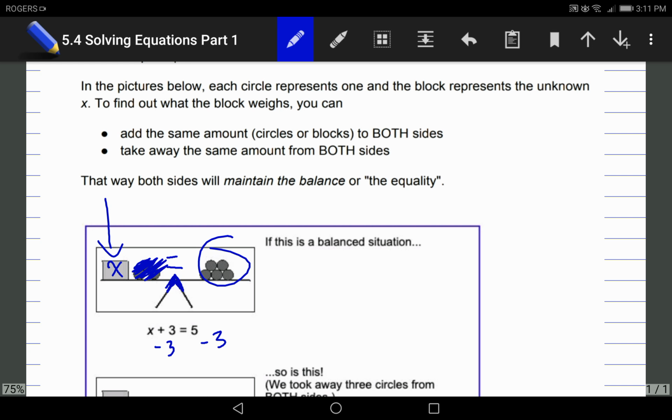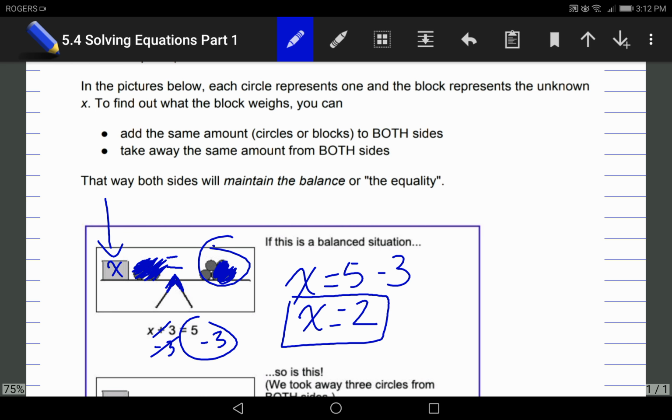Now, if I subtracted 3 here, and I subtracted 3 here, what are you left with? Well, I subtracted 3 here, so that basically canceled these out. Plus 3 minus 3 is just 0. So what you're left with is X equals 5 subtract 3, or X equals 2.